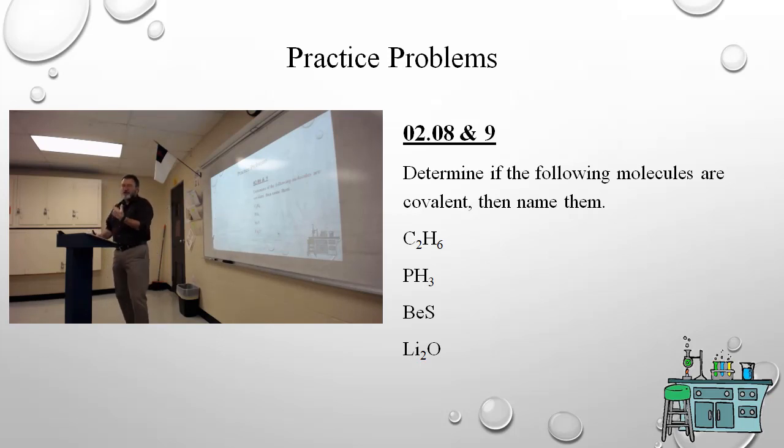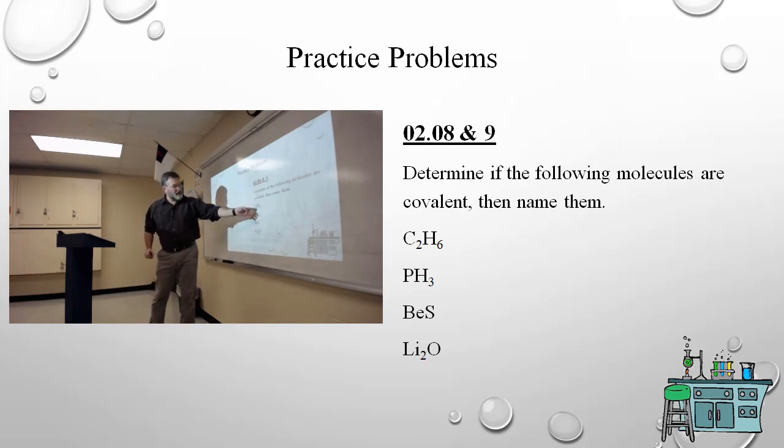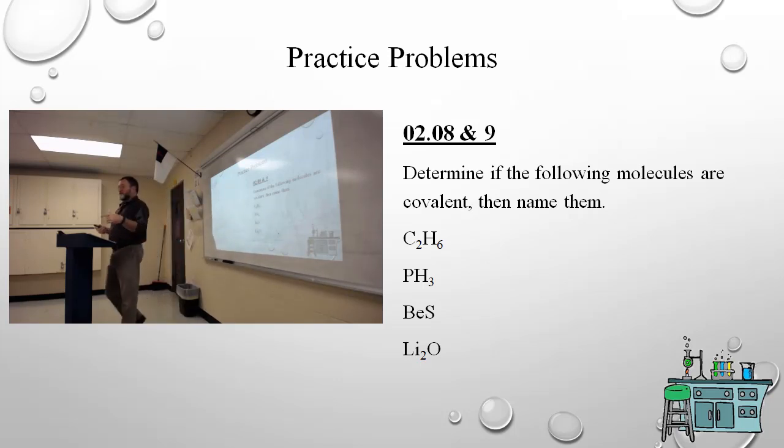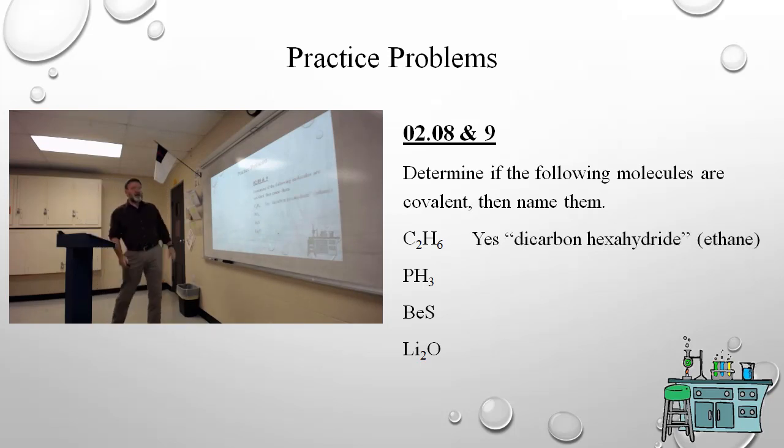So which naming paradigm am I going to be using? One that uses the prefixes, right? So knowing that, now I go back and I name this thing. The first thing I'm going to say is something related to carbon. Look at the subscript to create the prefix, and it's going to be a di. So dicarbon. Then I look over to 6. Dicarbon hexahydride. And for those of you that wrote ethane, good Google.